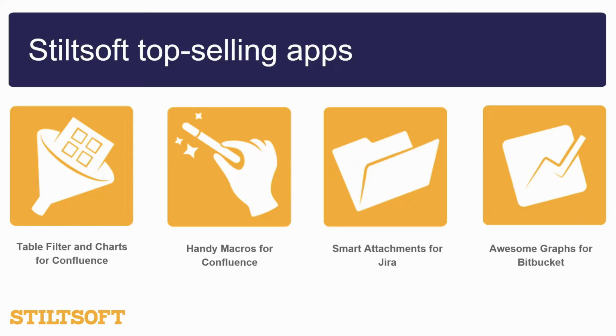Smart Attachments for Jira is dedicated to improving your work with attachments, categorizing them, making bulk updates, and so on. And Awesome Graphs for Bitbucket helps track your progress while working in Bitbucket.